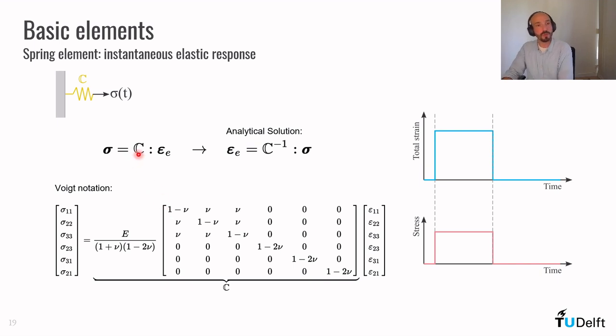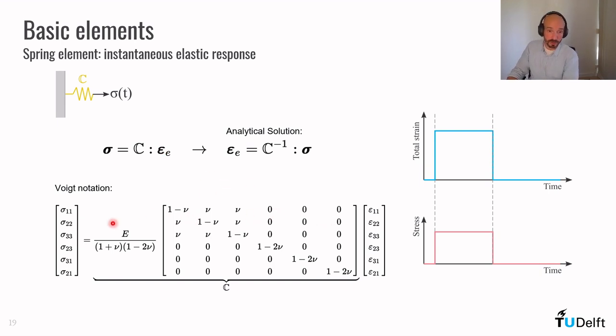And because of that, we can use Voigt notation to represent this operation by matrix-vector products. This is done by this expression here. This is the Voigt representation of the stress tensor. This is the Voigt representation of the elastic strain tensor.